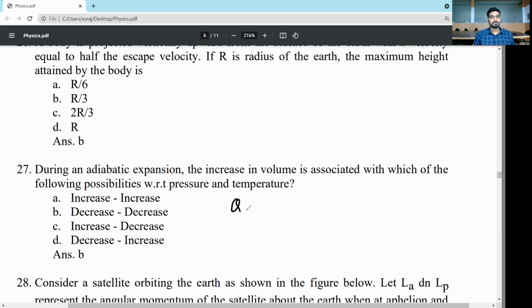Heat is constant; change in heat is 0. That means if volume increases, then pressure will decrease or increase, temperature will decrease or increase. See, it's an adiabatic process. I'm not providing any kind of heat. In that case, volume is increasing, so obviously pressure will decrease.